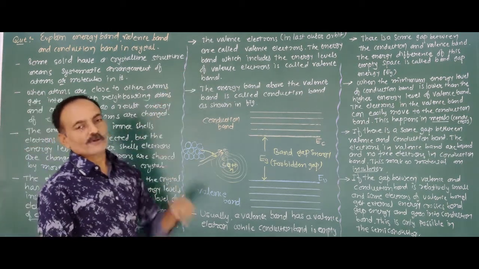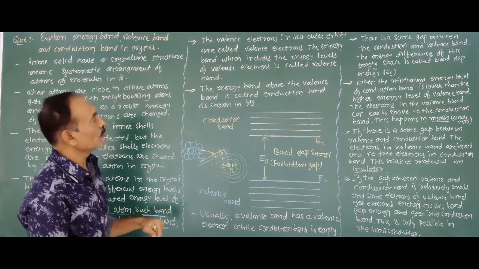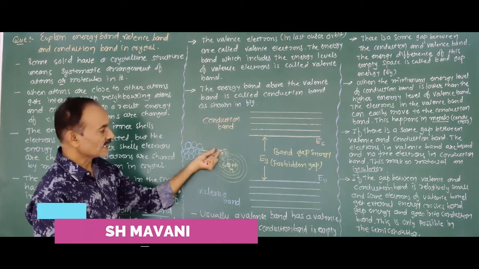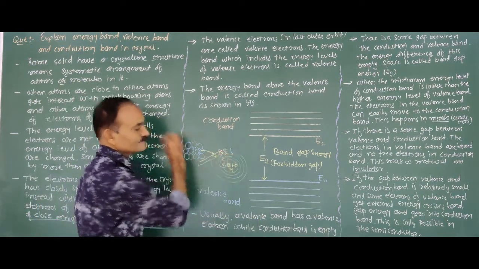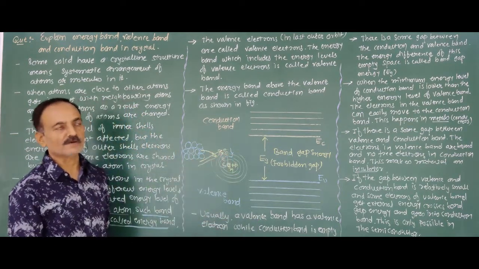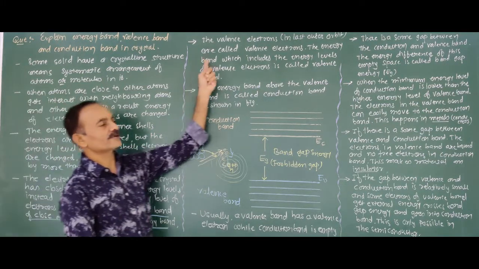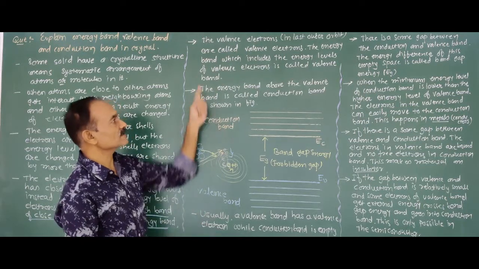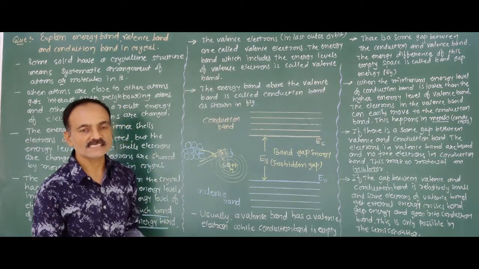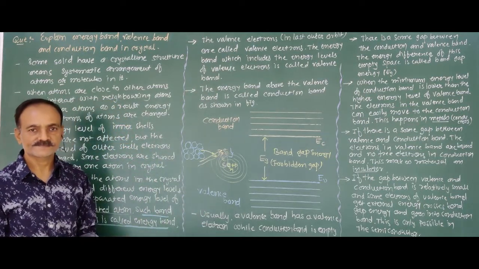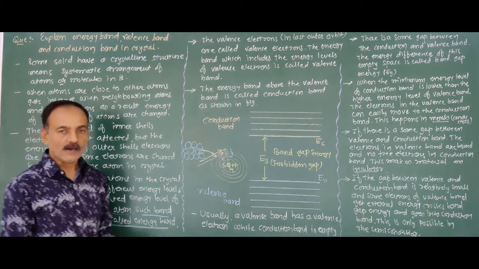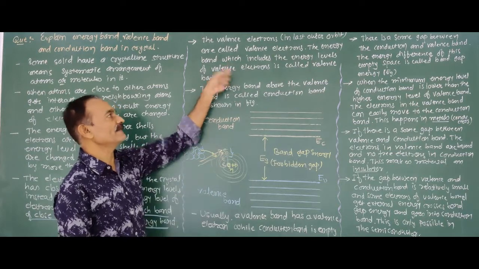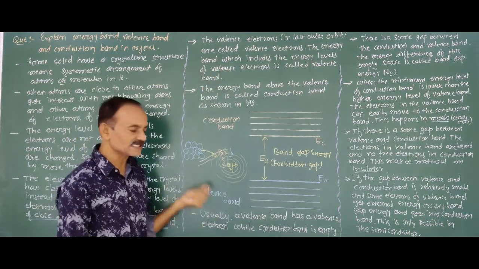The electrons in the last outer orbit of the atoms are known as the valence electrons. The energy band which includes the energy levels of valence electrons is known as the valence band. What is the valence electron?